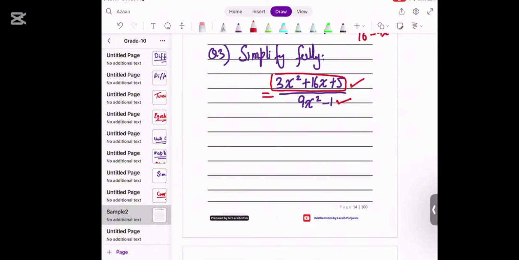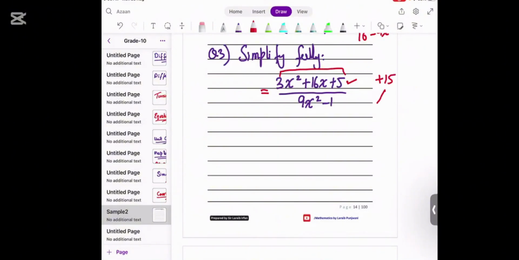I don't understand. You don't understand. So how can we solve this one? You have to understand this. First, you can see in the numerator, you cannot add or subtract any value, so we have to apply middle term break. 3 fives are 15, so we got positive 15.